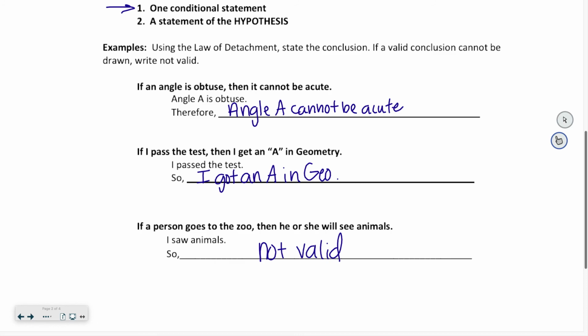If I am in second period geometry with Miss Jackson, then I'm the best student. Wells is the best student. I repeated the conclusion. You have to repeat the hypothesis. So if the conclusion is repeated, not valid.